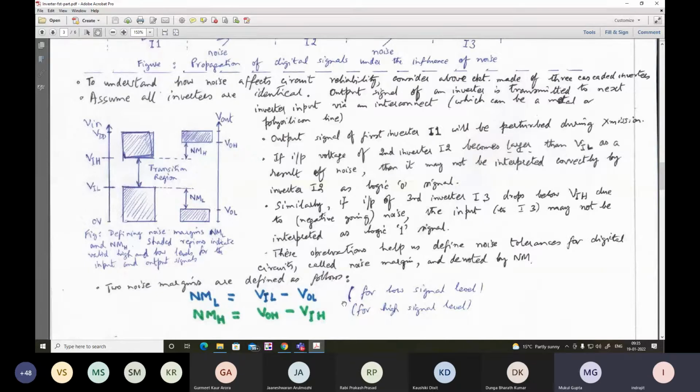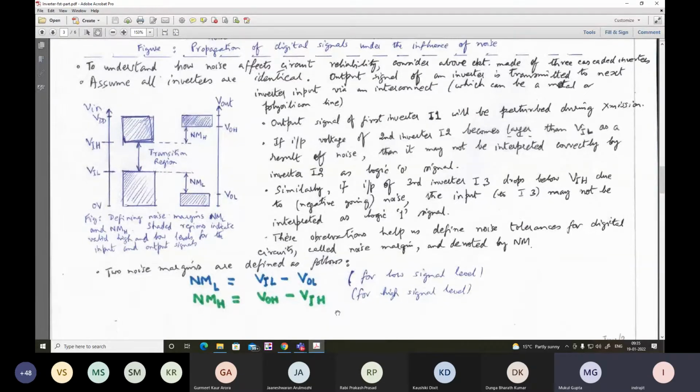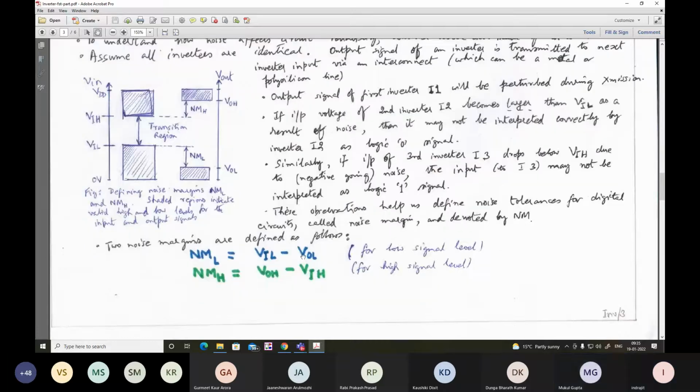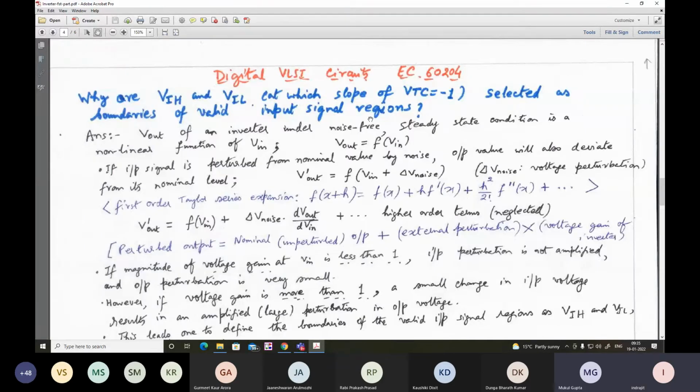Now we shall answer the question why VIL and VIH are kept as the boundary of logic 1 and logic 0. For that, let us again look at the expression. The output of an inverter under noise-free steady state or DC condition is a nonlinear function of input voltage: Vout equals f(Vin).